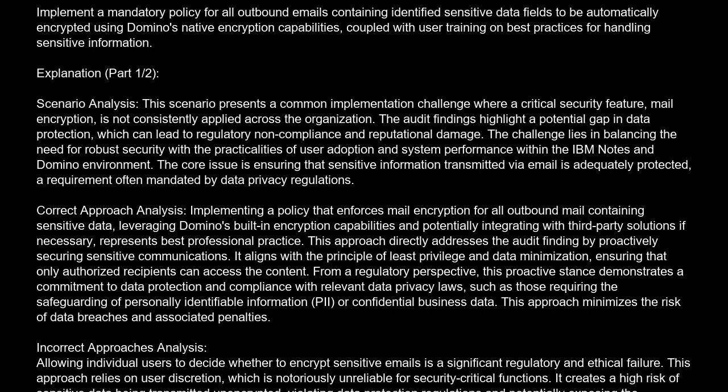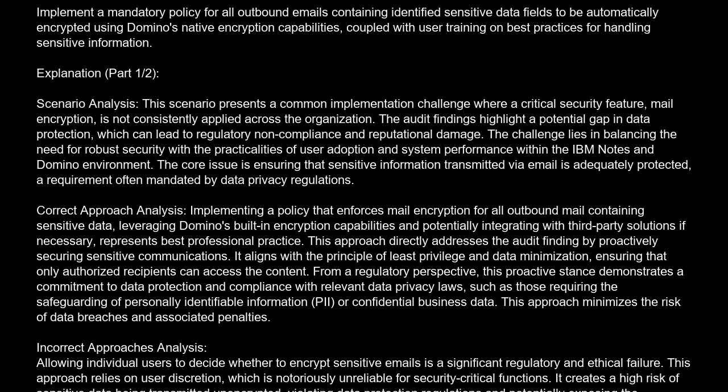Correct approach analysis. Implementing a policy that enforces mail encryption for all outbound mail containing sensitive data, leveraging Domino's built-in encryption capabilities, and potentially integrating with third-party solutions if necessary, represents best professional practice. This approach directly addresses the audit finding by proactively securing sensitive communications. It aligns with the principle of least privilege and data minimization, ensuring that only authorized recipients can access the content.